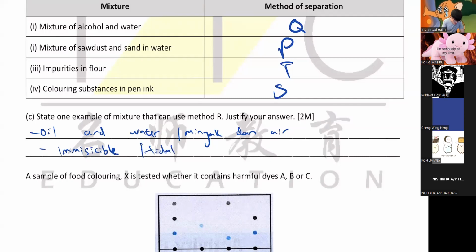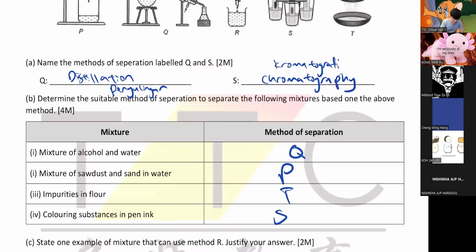Tidak bercampur lah, tidak dapat mencampur. I kind of forgot how to spell immiscible, sorry. That means you cannot mix them. Water and oil cannot be mixed. Only when you cannot mix those two liquids, they separate into layers, only then can you use this method.